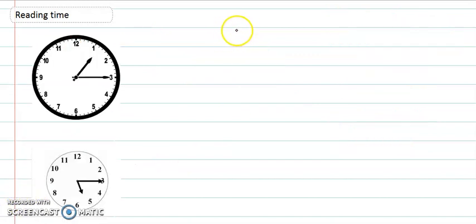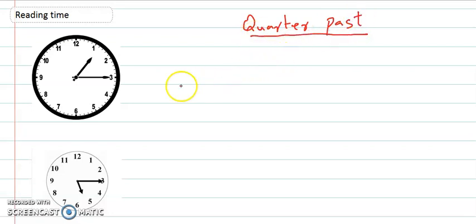The next vocabulary word is quarter past. When we use the word quarter past, the minute hand is at 3. In this diagram you can see the minute hand is at 3, and in this diagram too, so I will use the vocabulary word quarter past.